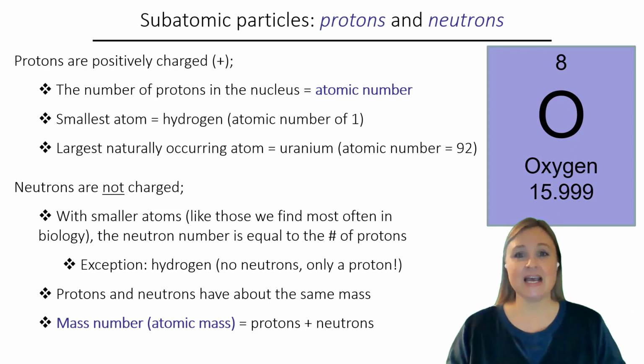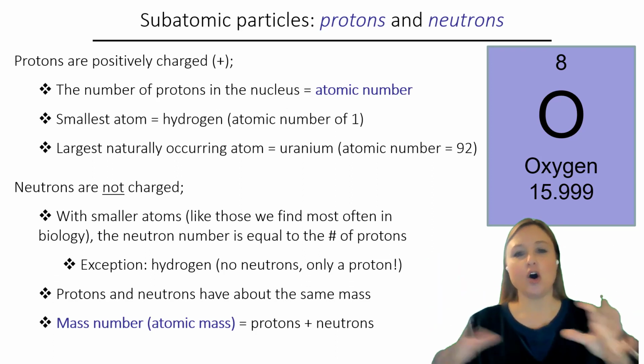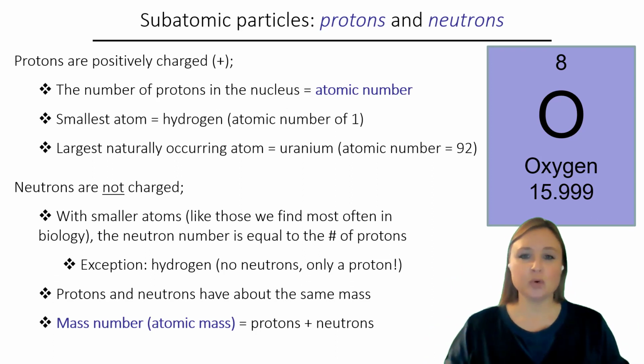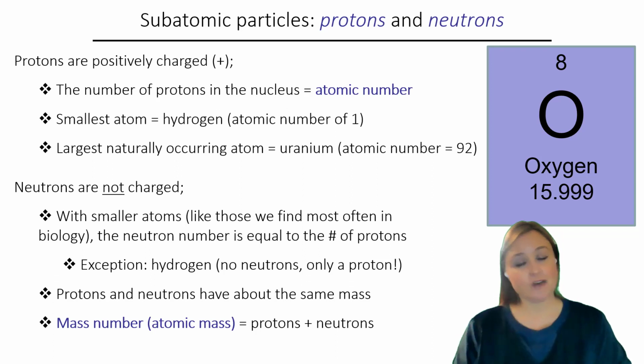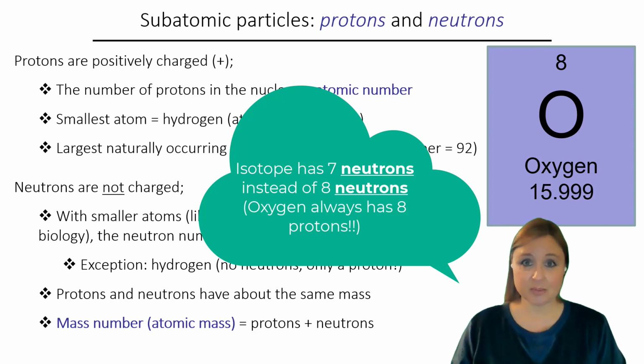Now, generally, isotopes are much more rare than the normal atom, okay? And you can see that, right? Because what they do is they're sort of averaging together all of the different normal atoms and isotopes that are found out there at proportion. So you can see that there must be an isotope out there of oxygen at a very rare amount, where instead of having 8 neutrons, it has 7 neutrons, right?